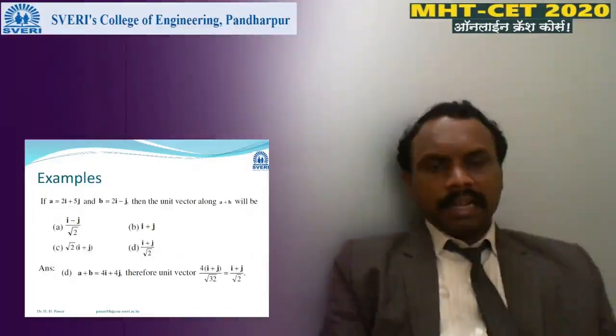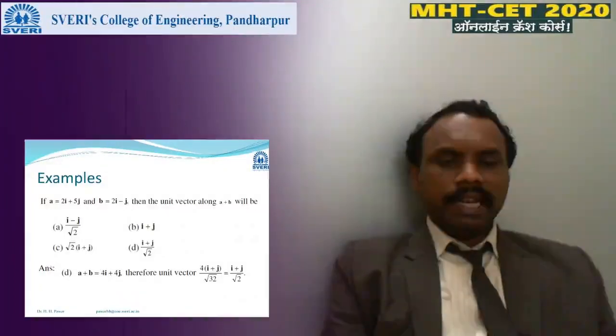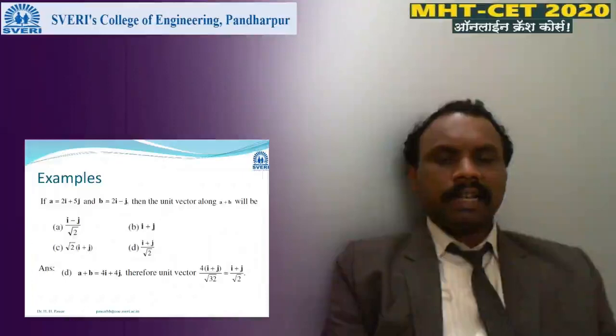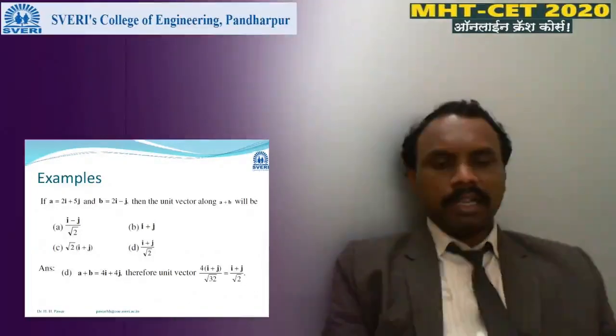Now here if we put the values of a bar and b bar in a bar plus b bar, we'll get 4i plus 4j, and hence its magnitude is square root of 16 plus 16, that is square root of 32.